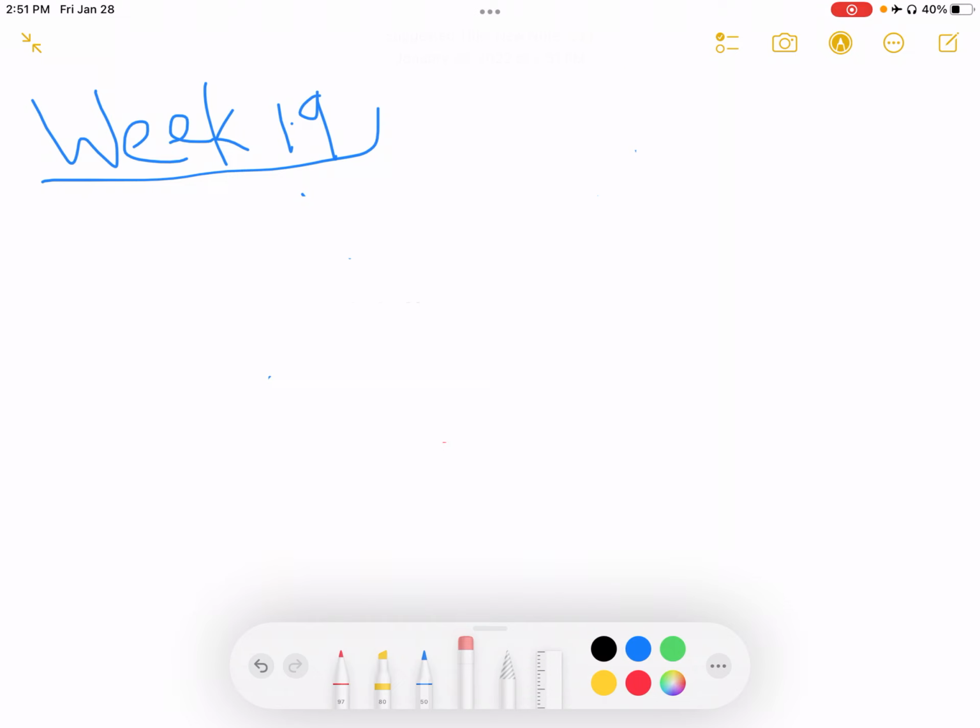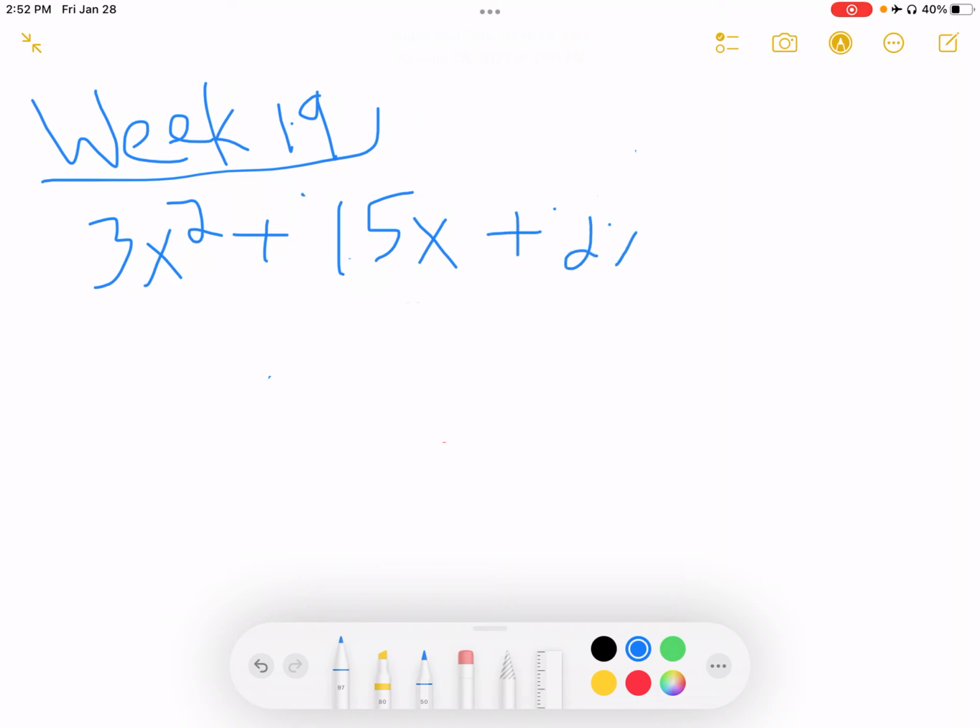Factoring is just dividing out what we had. So the example that we have was 3x squared plus 15x plus 2x plus 10. The 2x is a little funny.